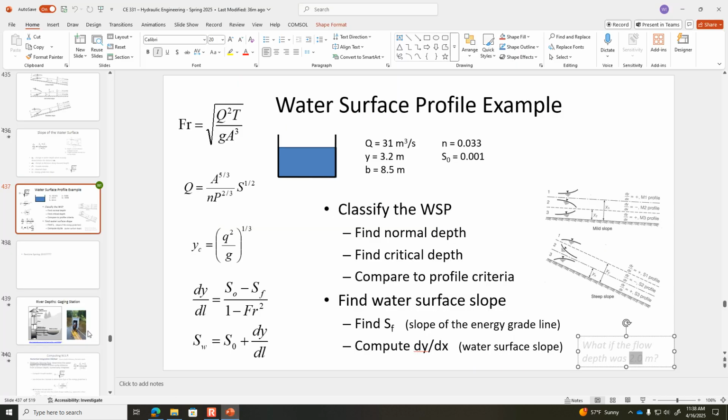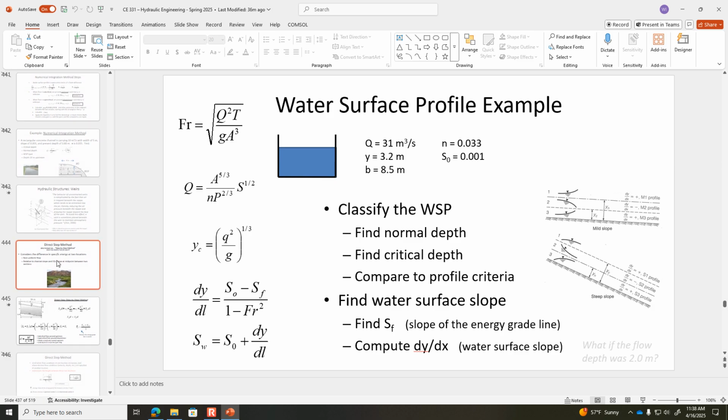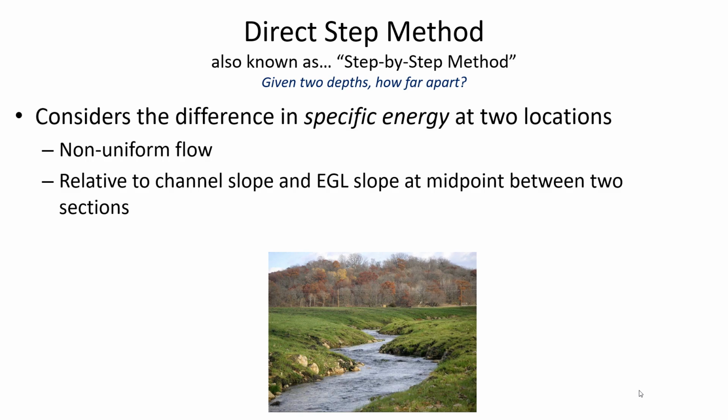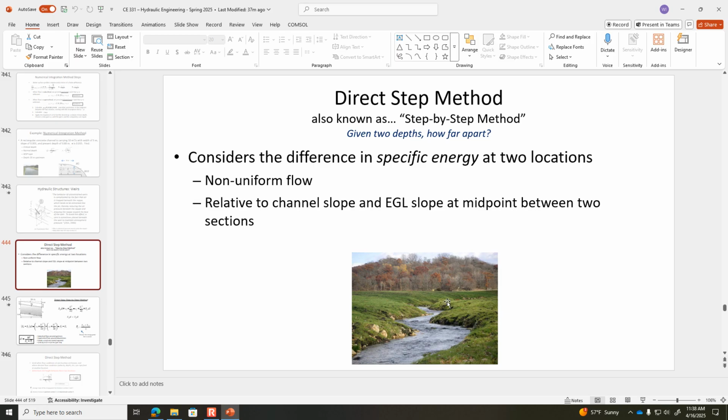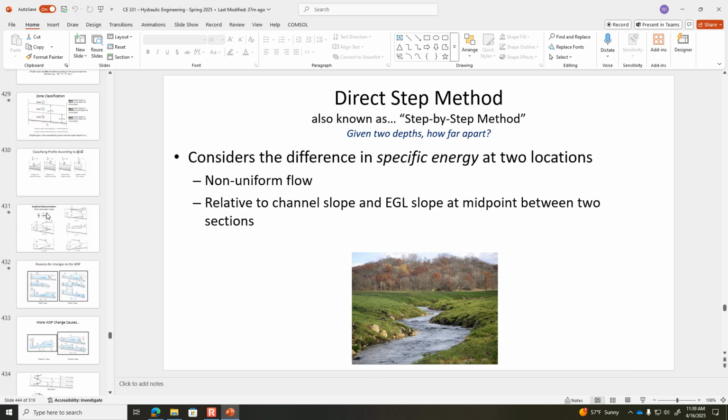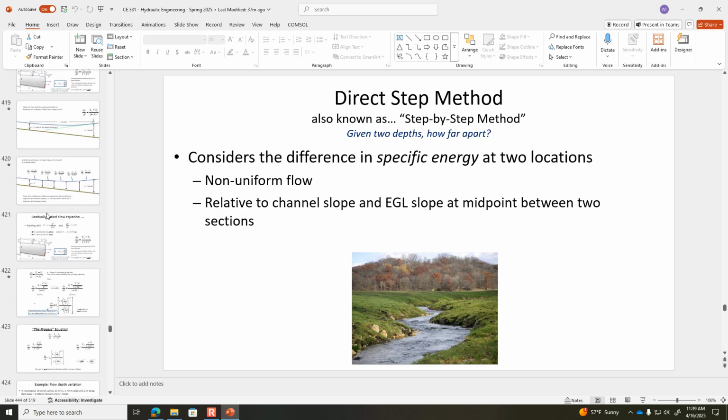So the method that we're going to be talking about today, the direct step method, considers the difference in specific energy at two locations to estimate how far apart they are. And what it does is it calculates the conditions at the midpoint between two sections and extrapolates between them in the way that I illustrated with this figure in our prior class meeting.